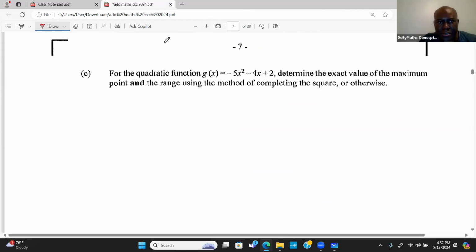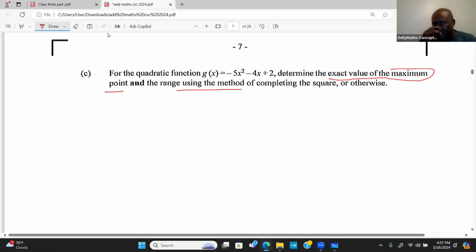The question says, for the quadratic function g of x equal to negative 5x squared minus 4x plus 2, determine the exact value of the maximum point and the range.